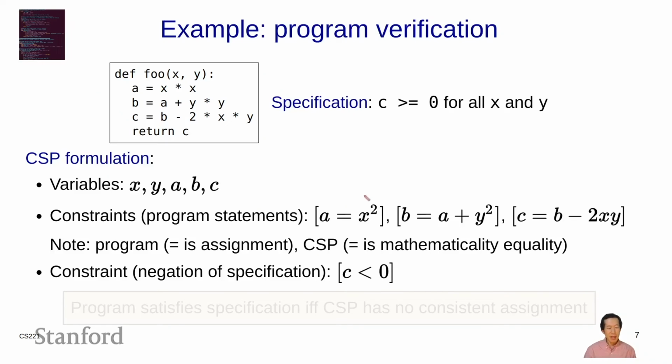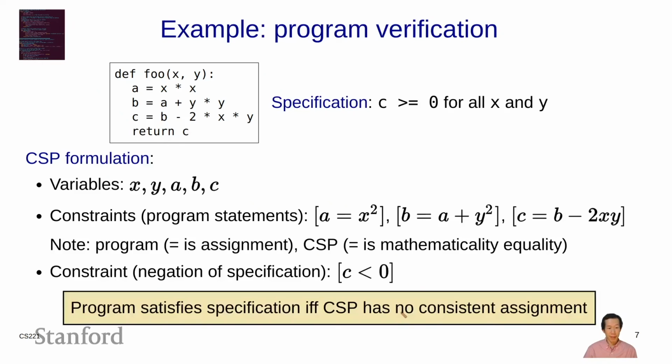So we're going to negate it. Intuitively, what this is doing is looking for a counterexample. It's going to say, hey, can we find a setting of x, y, a, b, and c such that we are able to find c less than or equal to 0? And if we can, that means the specification doesn't hold.